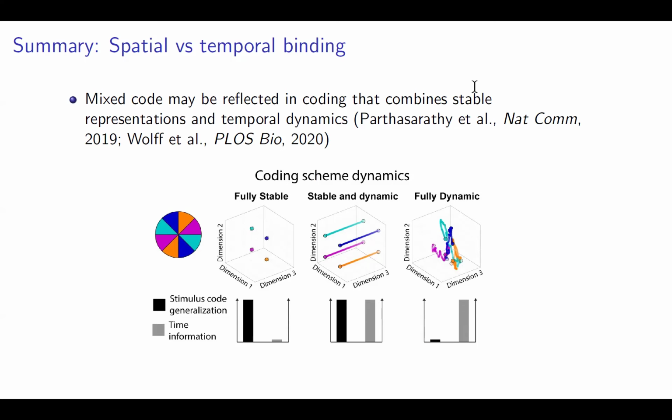In several fMRI studies and also electrophysiological experiments in animals, it's actually quite often that you see relatively little generalization from one point in time to another during the memory period.